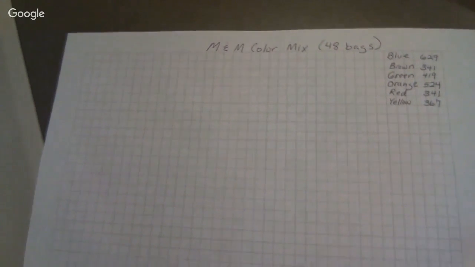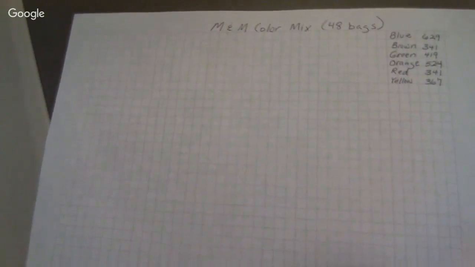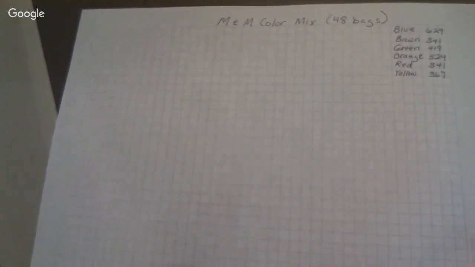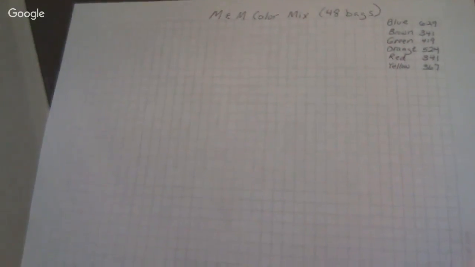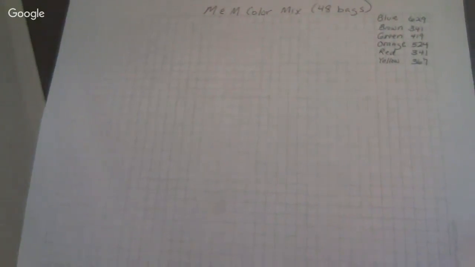So here we are. Here is the M&M color mix, and we have written down the actual numbers: blue, 629, brown, 341, green, 419, orange, 524, red, 341, and yellow, 367.